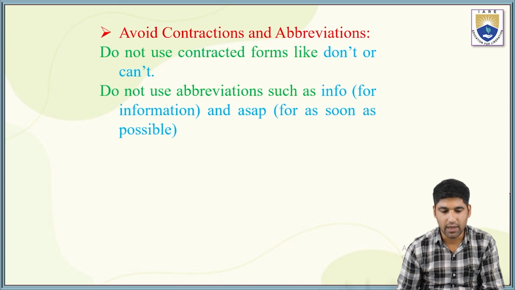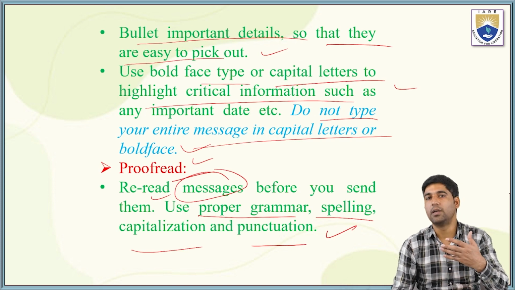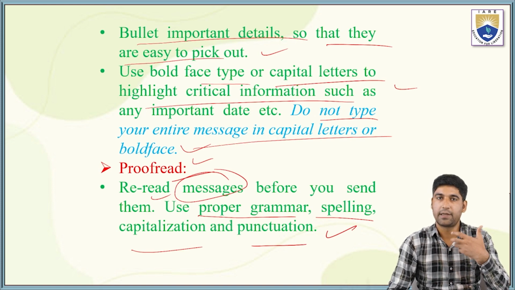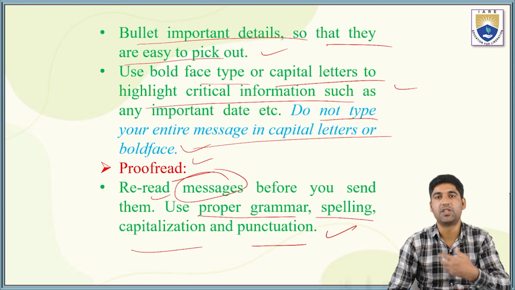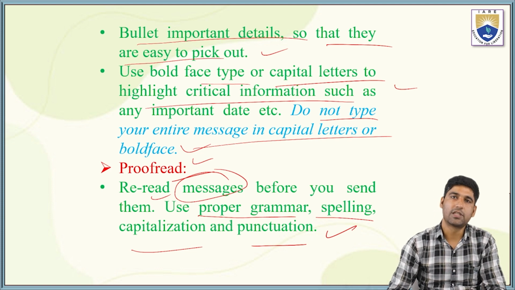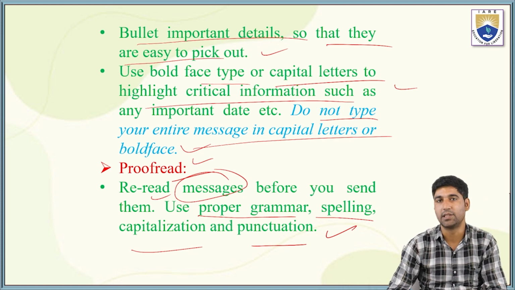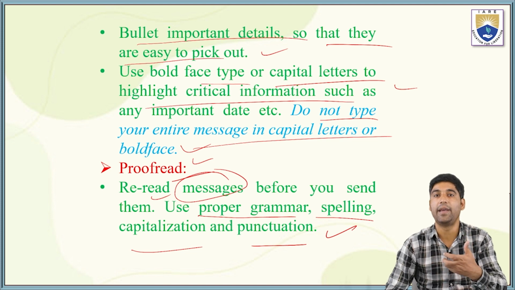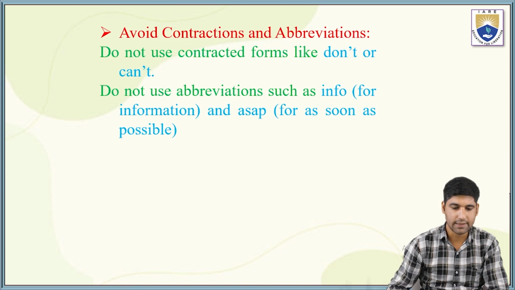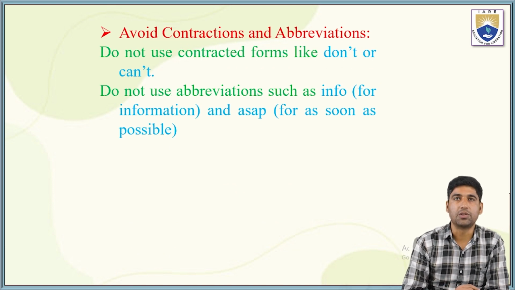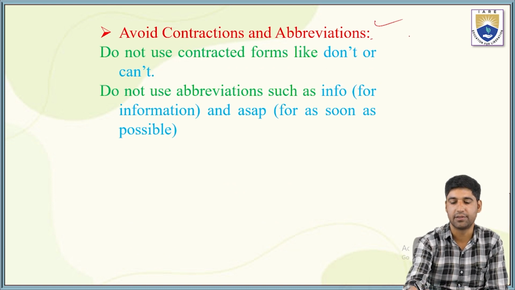Without this, our email cannot survive, or it cannot work for us regarding that purpose for which we are using it. So it's better to proofread our message, proofread the content. When we do the proofreading, we are conveying the exact and the correct message to the receiver. Then avoid contractions and abbreviations.